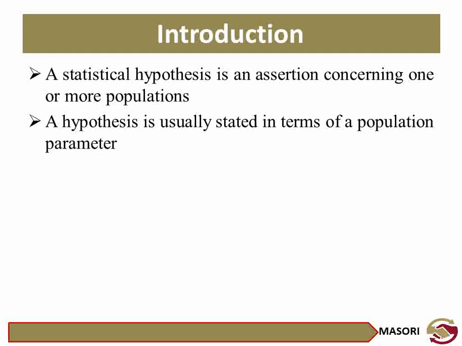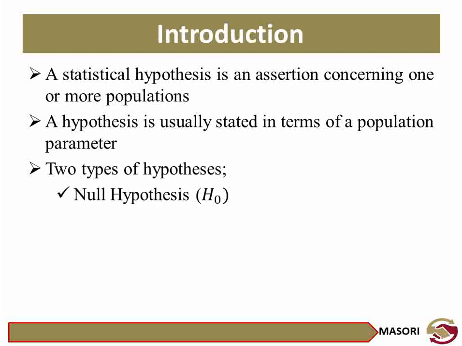So in conducting hypothesis testing, we distinguish between two types of hypothesis. The first one is the null hypothesis, which is stated to mean no. So the null comes in to state the non-existence of a relationship, meaning no relationship or no effect or no influence.